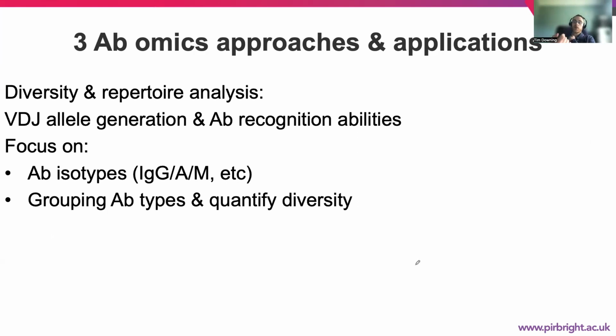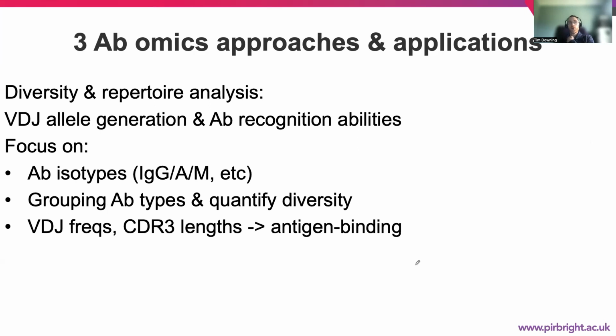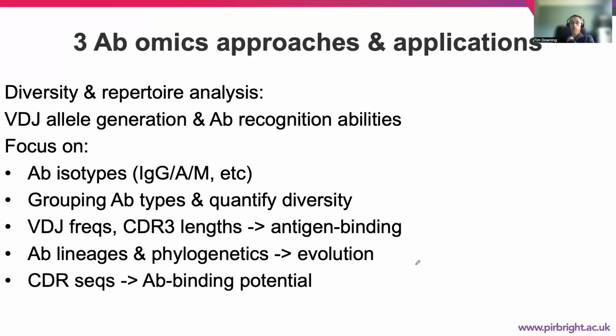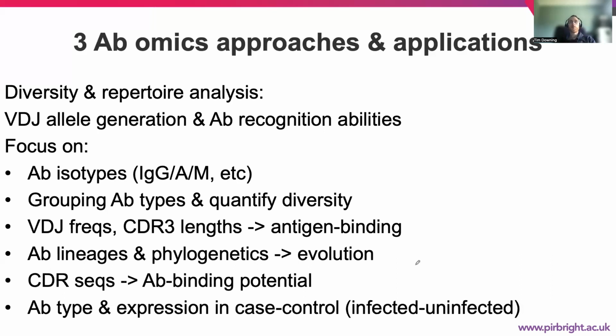What are the frequencies of the different antibodies and their diversity, their relative frequencies of VDJ alleles and the CDR3 lengths, the origins and evolutions of these antibodies in terms of coalescence and phylogenetics, the antibody binding potential of them, and perhaps, if relevant, the comparison between different groups, say uninfected versus infected, to see if their repertoires differ at that level.